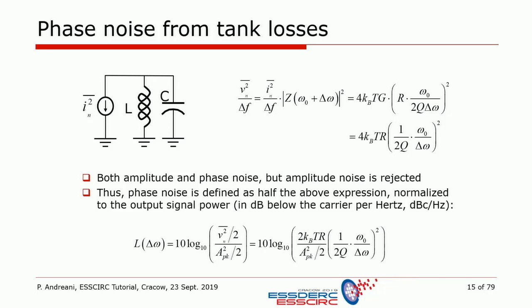We assume here that we have a simple sinusoidal carrier, and so this is an expression of the noise, which is obviously the minimum possible phase noise that you can measure in an oscillator, because we have disregarded any other possible sources of noise, for instance the noise coming from the active resistance.